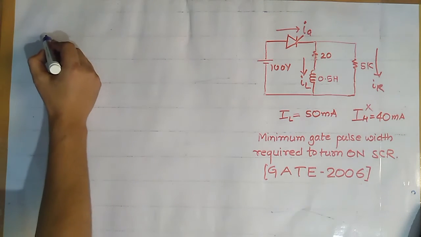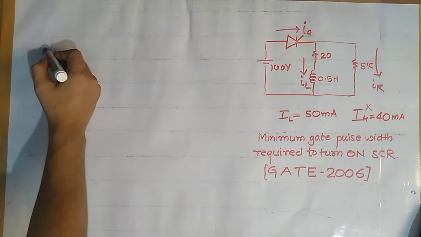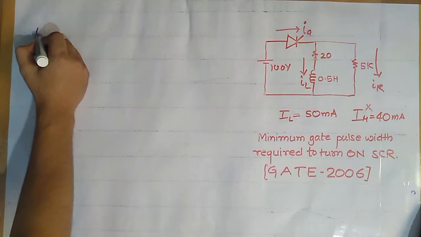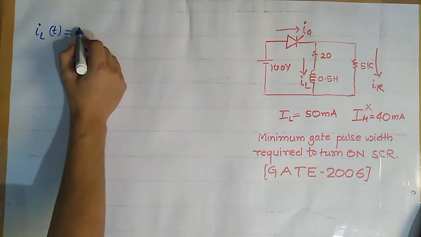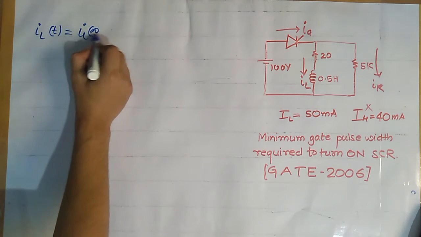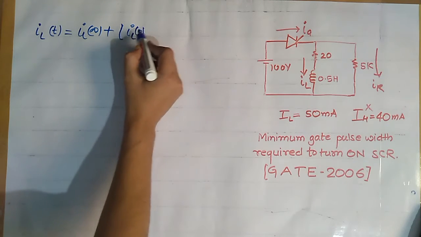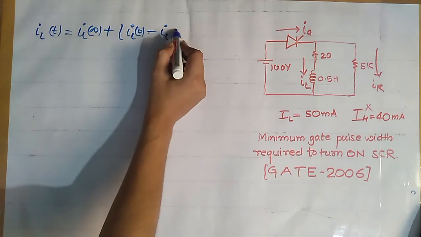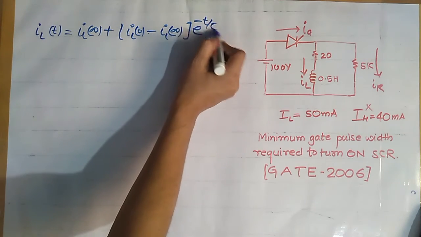First we have to find the inductor current IL. By using concepts of network theory, the inductor current at any time t is given as IL infinity plus (IL0 minus IL infinity) e to the power minus t by tau.